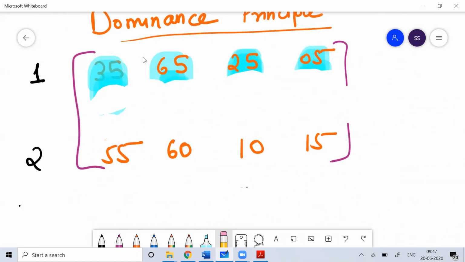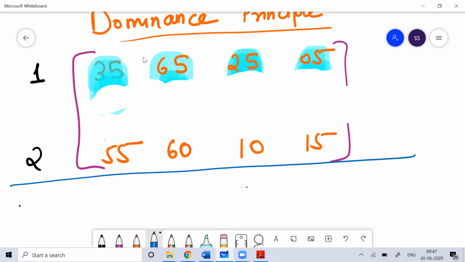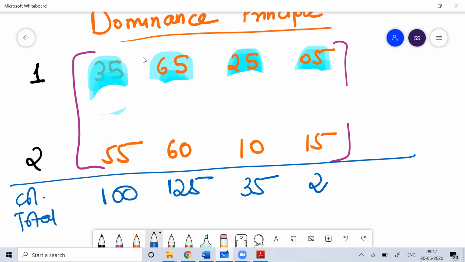Now try to work on the deleting part column wise. Okay, let's think about deleting column wise. So find the column total. This is 100. This is 125. This is 35. This is 20.